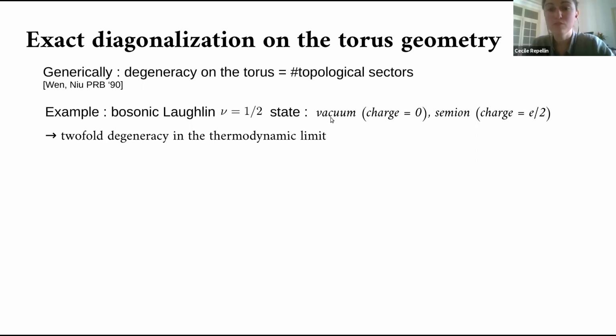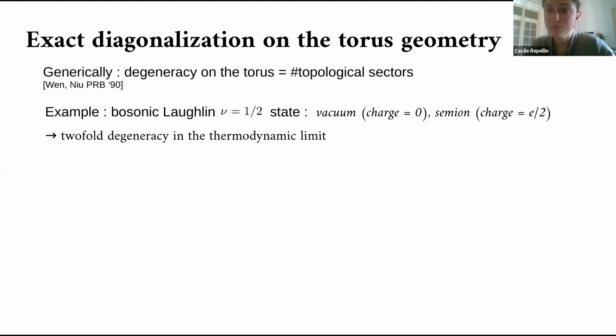So you always have the vacuum, which is a boson of charge 0. This one is always there no matter what, even if you don't have topological order. And then on top of that, for the 1/2 Laughlin state, you have a semion of charge e/2.